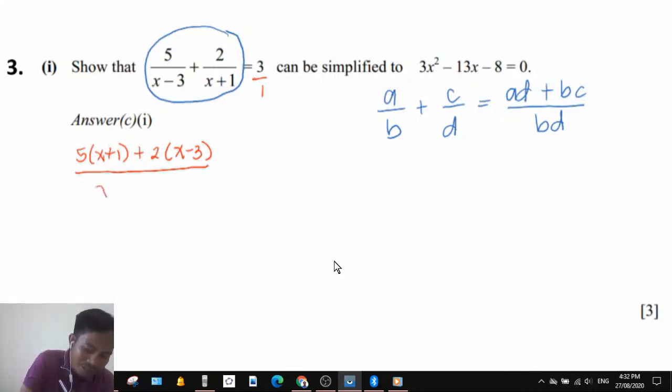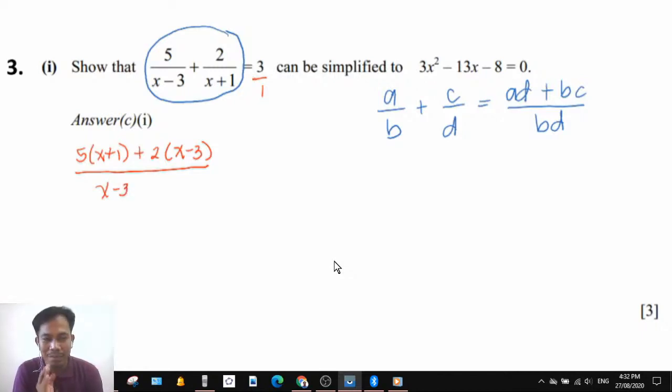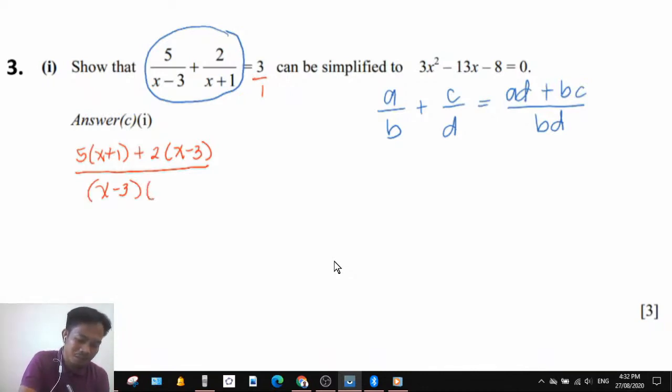I'll just expand the brackets. Remember, expanding brackets is very simple. You just need to multiply, for example here, 5 times x, 5 times 1. So 5 times x is 5x. 5 times 1 is 5. 2 times x is 2x. 2 times negative 3 is negative 6.